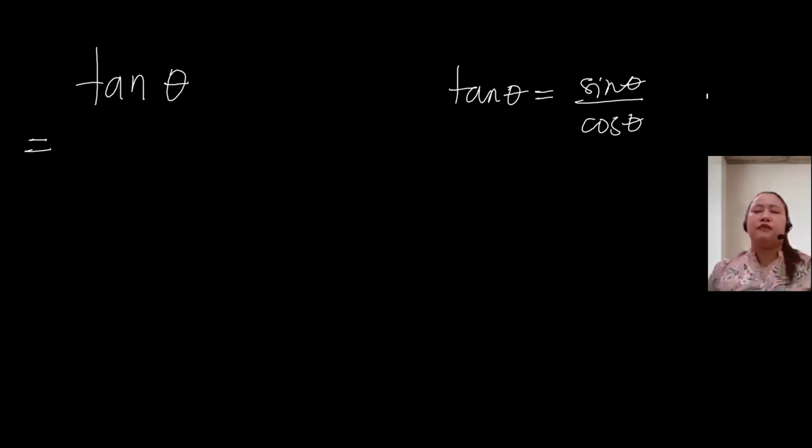By quotient identities, we know that tangent theta is equal to sine theta over cosine theta. Remember, the first thing that you need to do is to show that the trigonometric function can be written in terms of sine and cosine only.